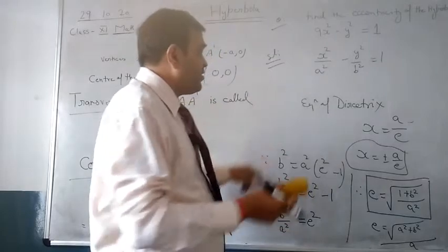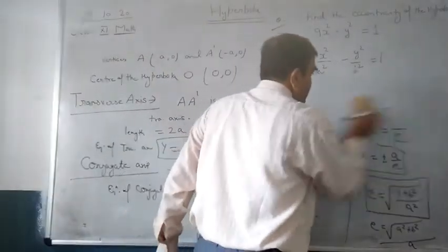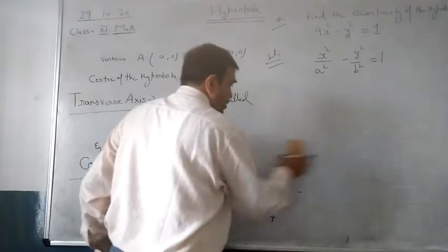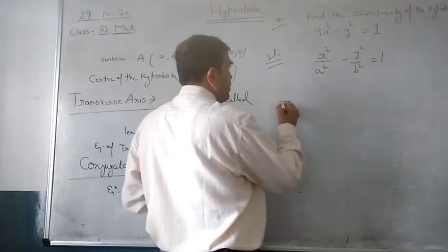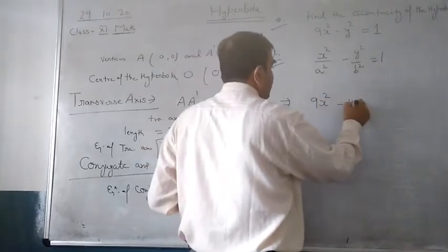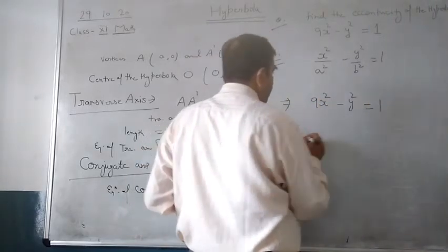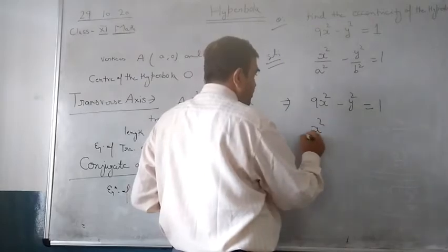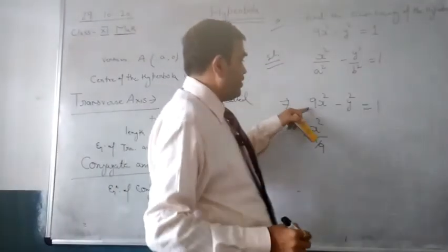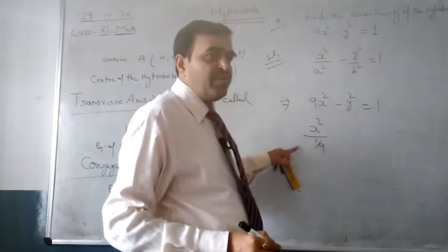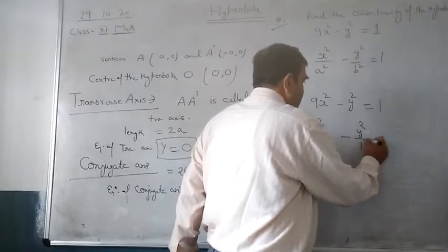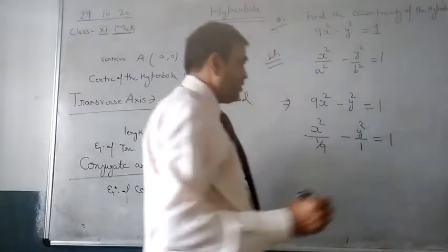So this equation can be written as 9x square minus y square equals 1, means x square upon 1 by 9 minus y square upon 1 is equal to 1.